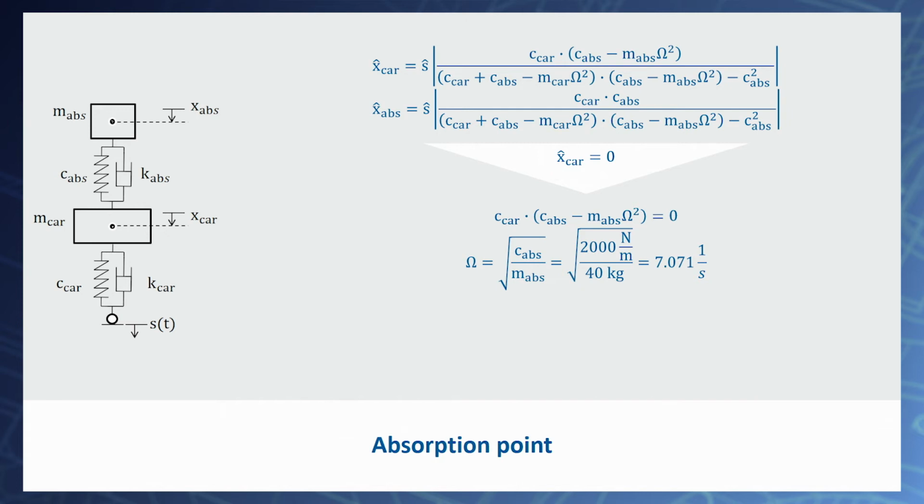So that is the so-called absorption point that we can define. And in this example, we see that we are talking about a very low velocity related to this angular frequency, which in this case would be slightly above 4 kilometers per hour.